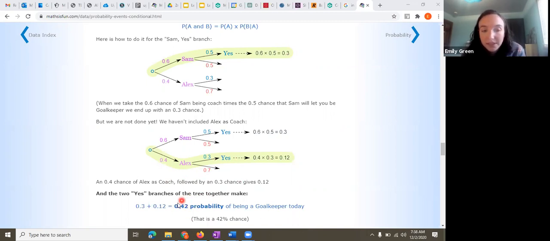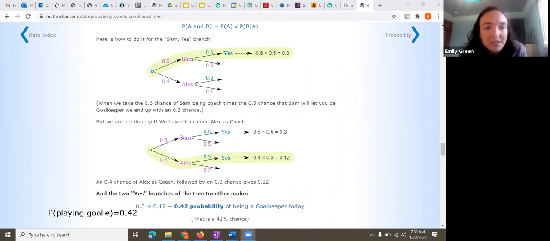Now this probability here, if we want to write it, is going to be probability of playing goalie, right? Total. So which of these numbers here is the probability that you will be goalie given that Alex is the coach? Well, this is where we need to look at what we have here.